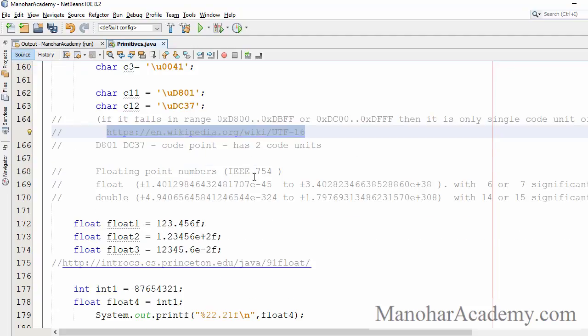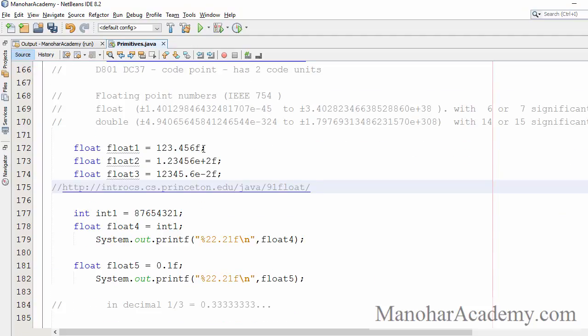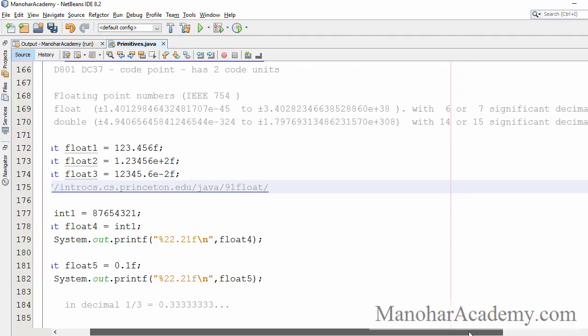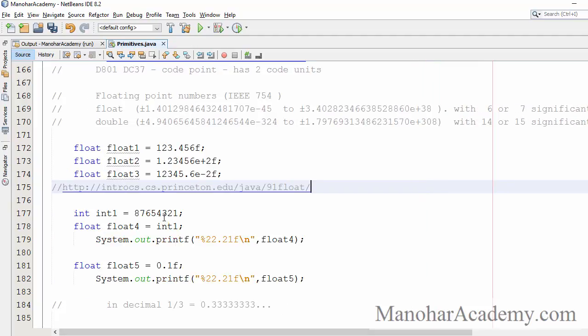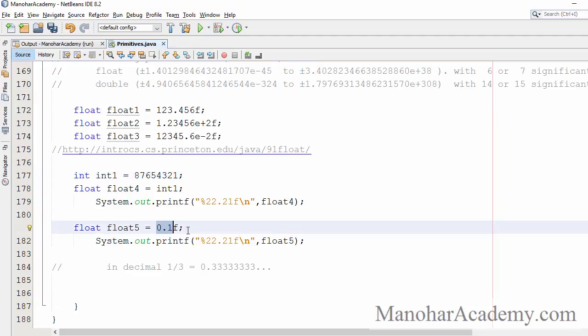We moved to floating point numbers. I gave you a link to go through and understand about floating points. Then we have seen that floating point has only up to 7 significant digits. We have proved that by assigning a value 87654321, which it is saving as 87654320. Also we have seen that it cannot represent all numbers. For example, 0.1, it is saving as something else.